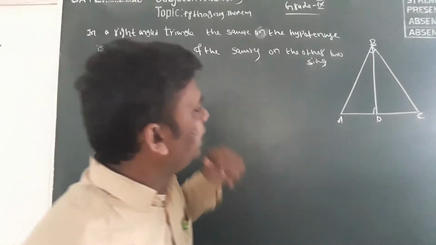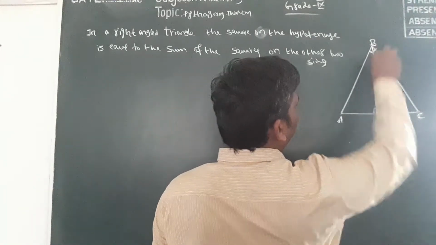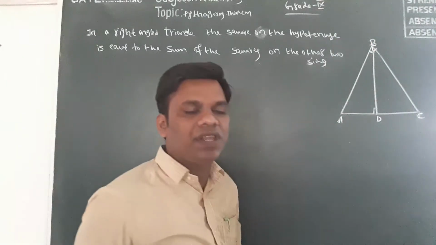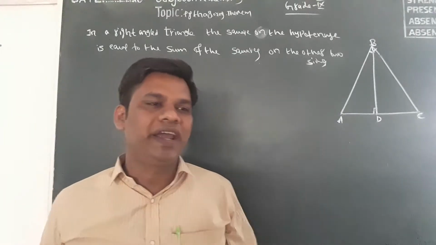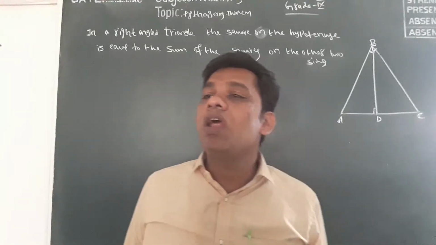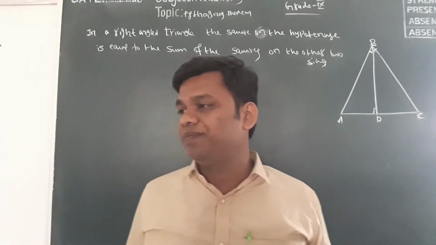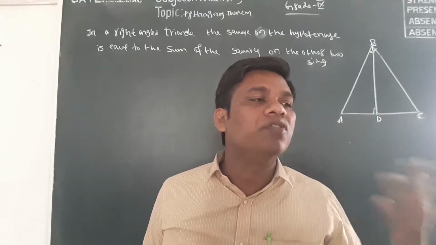See, it is a right angle triangle. In a right angle triangle, angle B is 90 degrees. Opposite to this, AC is the hypotenuse.